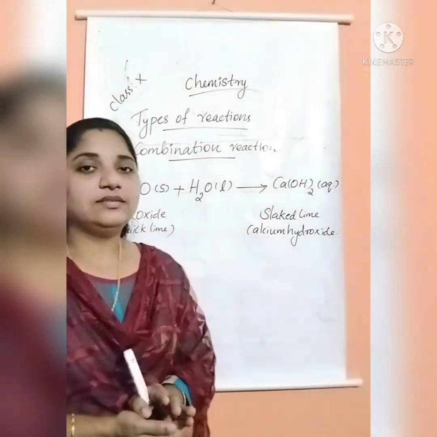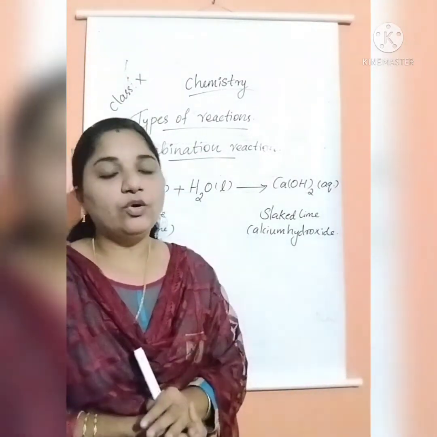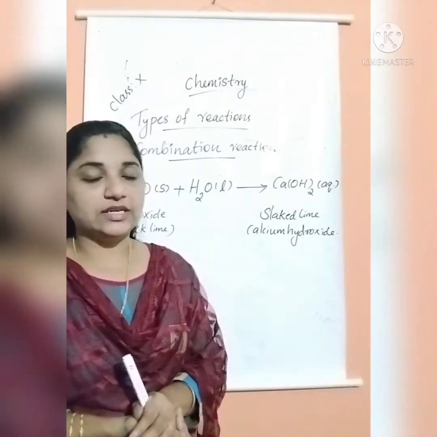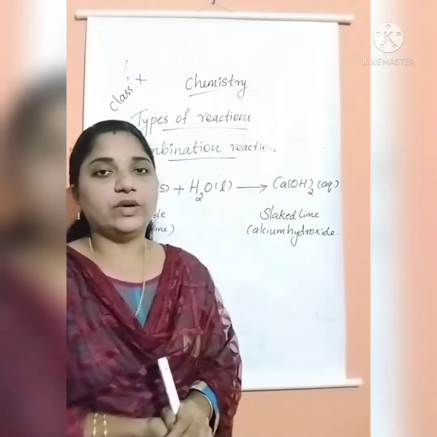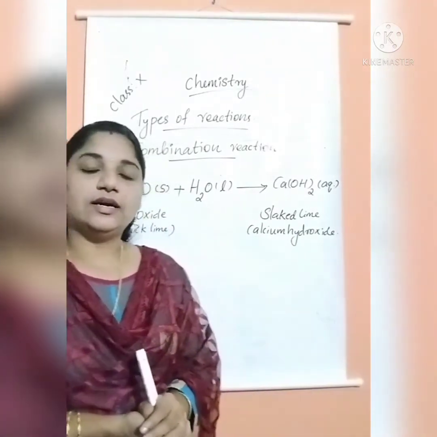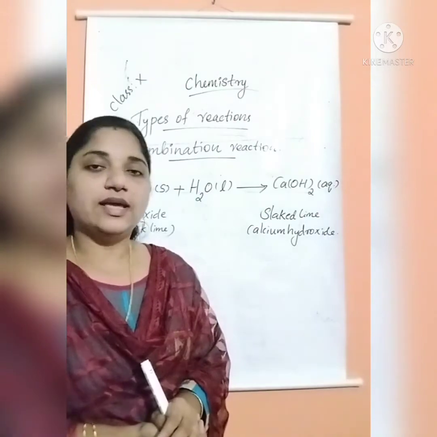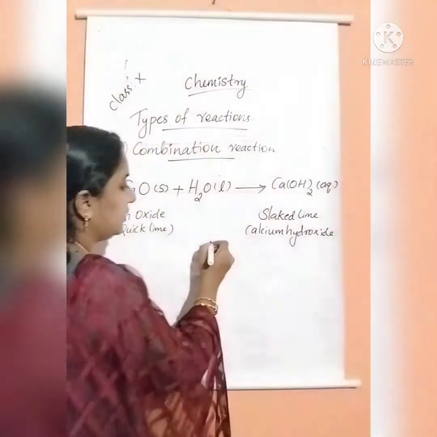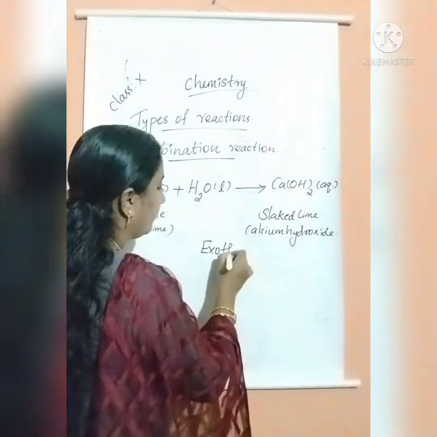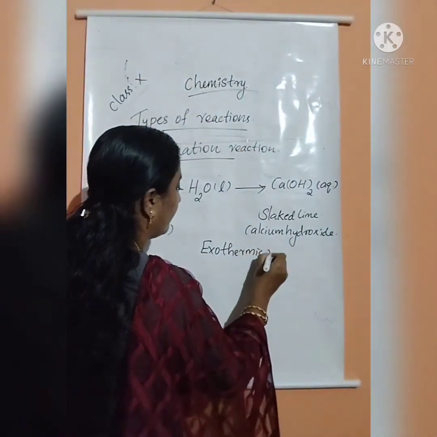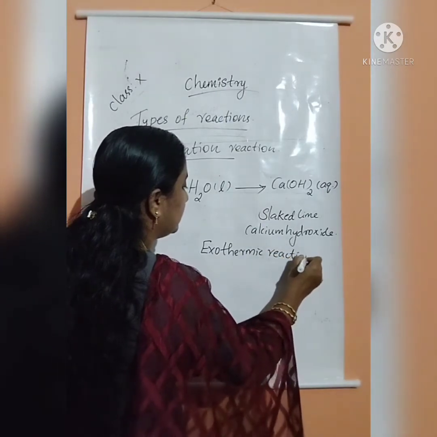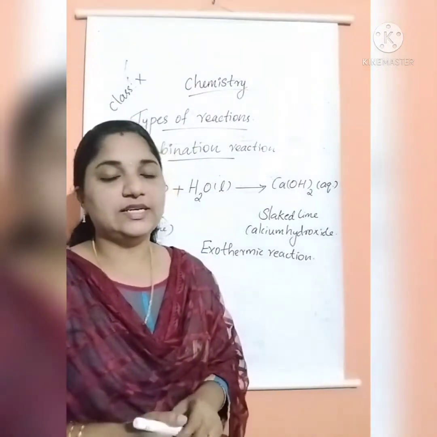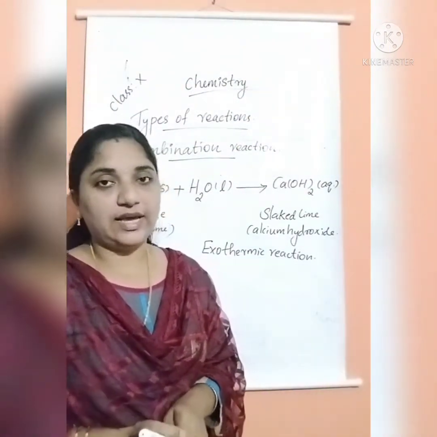A reaction in which heat is also produced along with the formation of the product is known as an exothermic reaction. That is, if heat is produced along with the product, such reactions are called exothermic reactions.